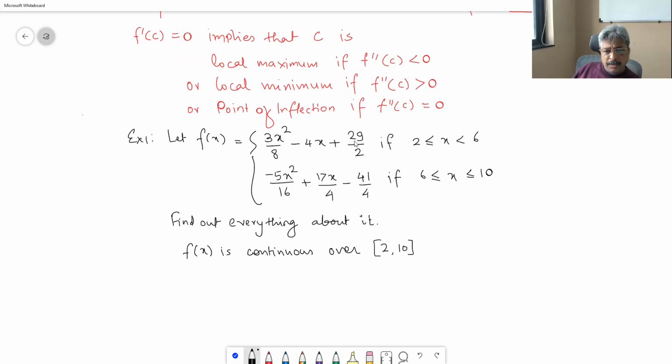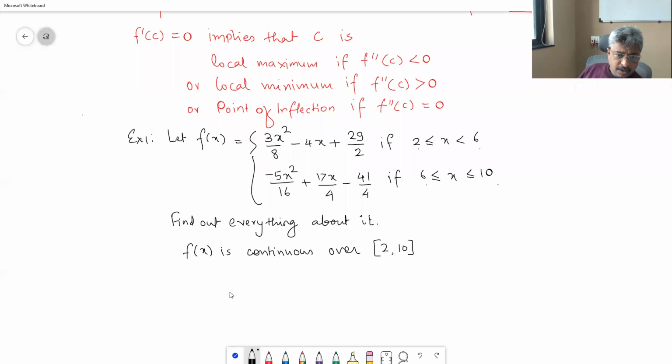This is a polynomial, so of course it is continuous between 2 to 6. This is a polynomial, therefore it is continuous between 6 to 10.